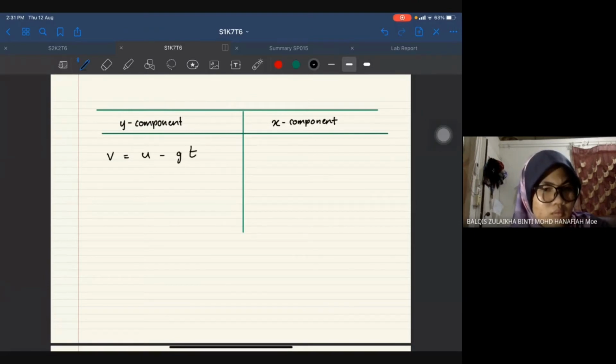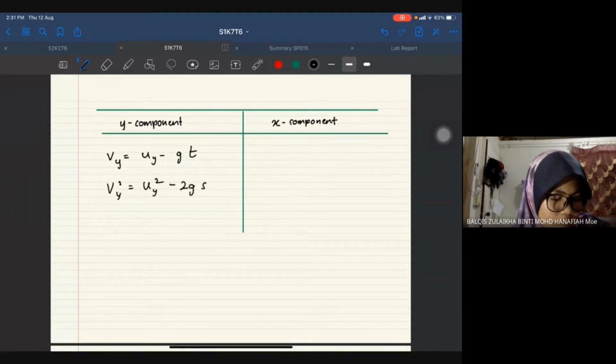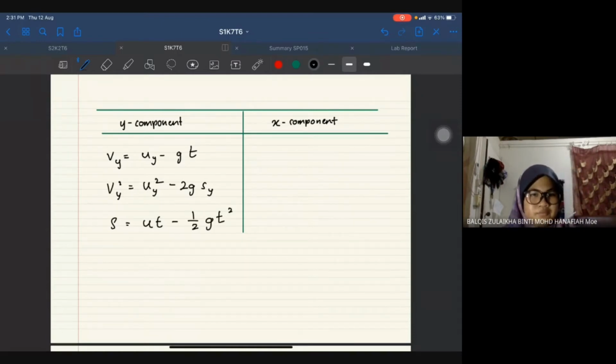I just put this one as Y to separate between X and Y. And then we have V square equals to U square minus 2GS. Again, I put this one as Y. Then we have S equals to UT minus half GT square.